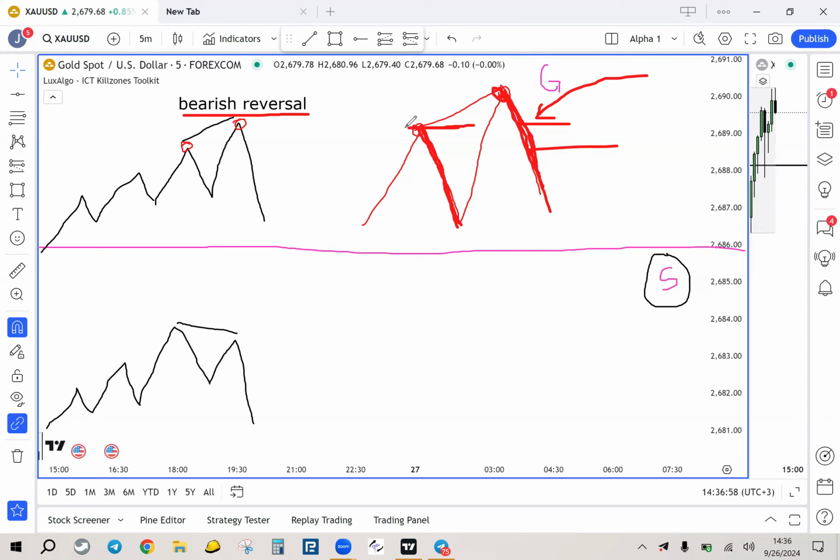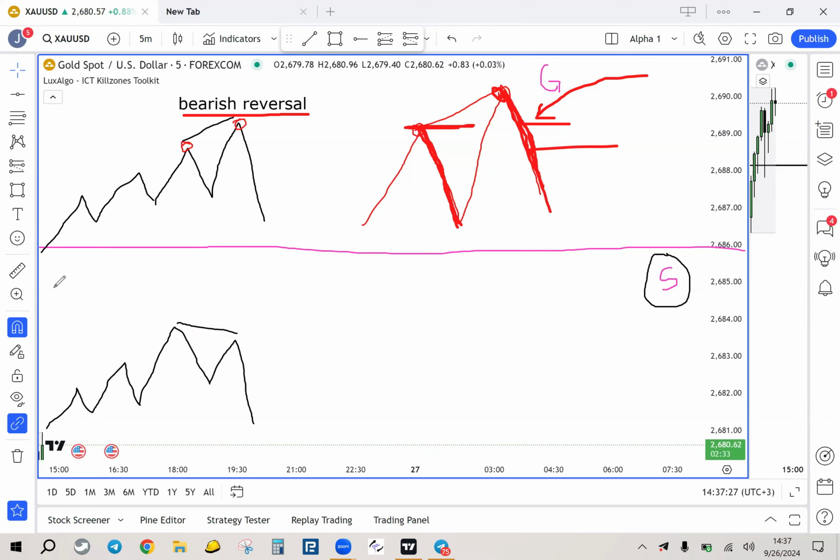This is the liquidity, this is the sweep, the push to the upside that goes above it sweeps liquidity, but you don't know that it's a liquidity sweep yet. You will know it was a liquidity sweep when two things happen. First, you see that silver is unable to go higher. And second, you will have the bearish fair value gap being formed by gold on the second bearish price leg.